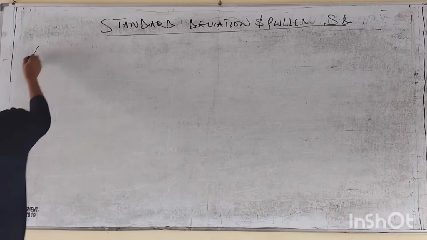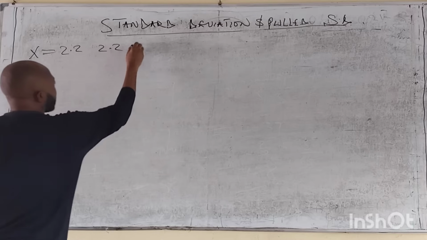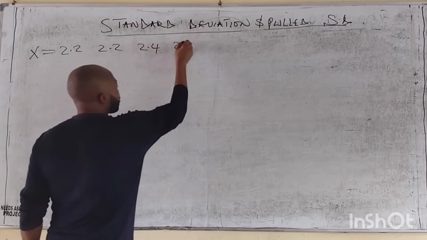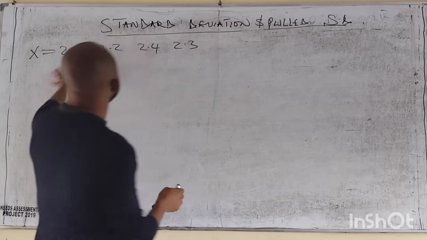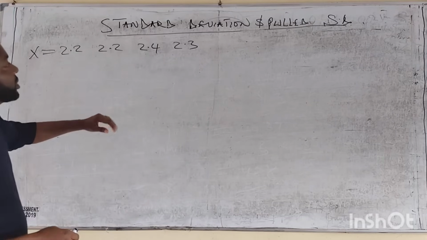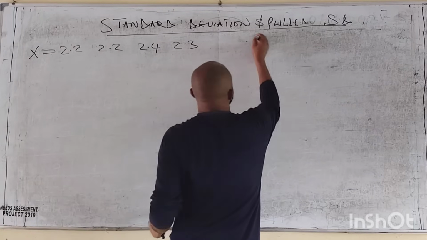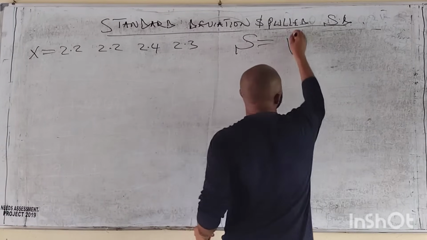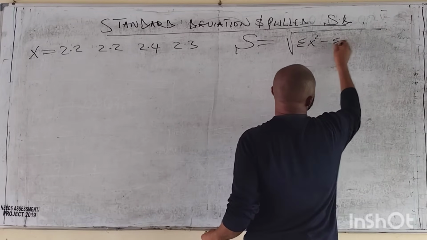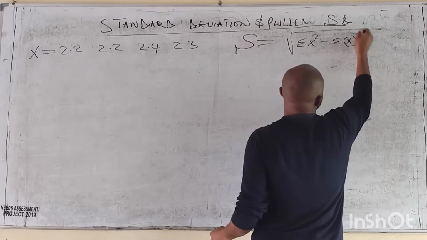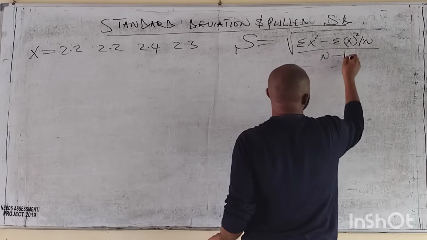So my x is 2.2, 2.2, 2.4, and 2.3. If this is true, now we have to proceed to get our standard deviation. We said earlier on, our standard deviation is equal to the root of the summation of x squared minus the summation of x, squared, over n, all over n minus 1.